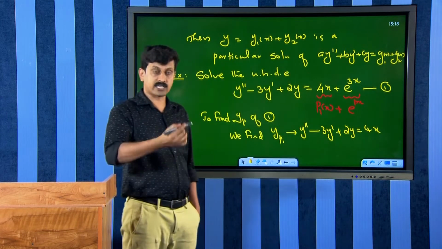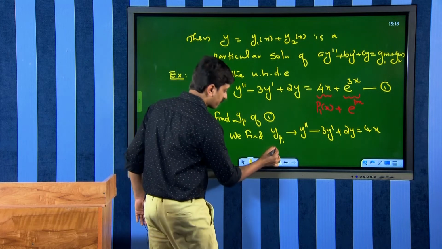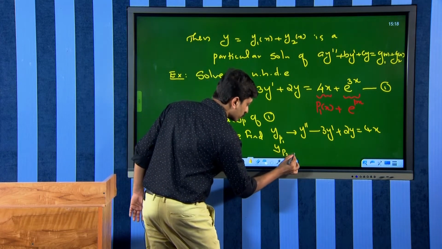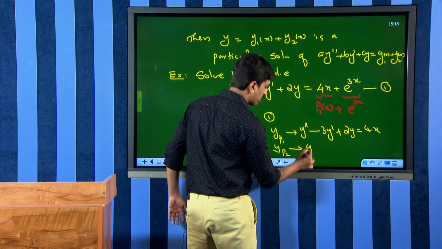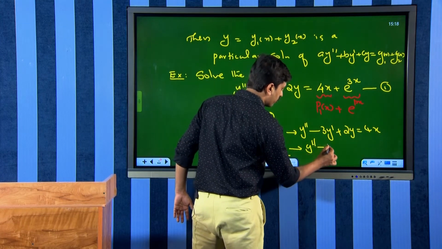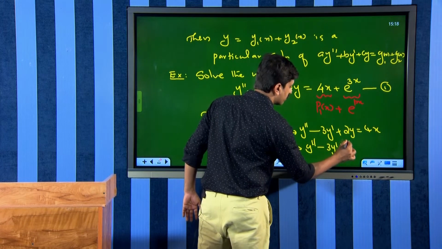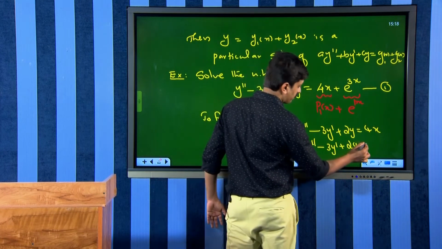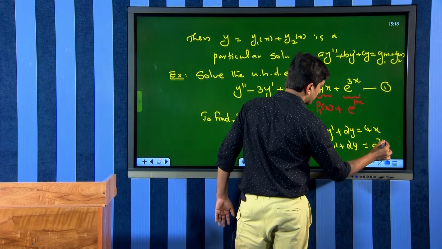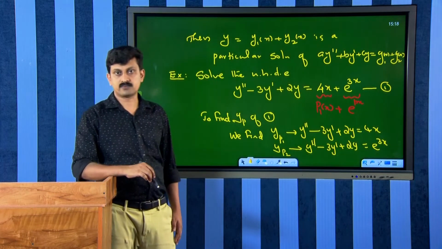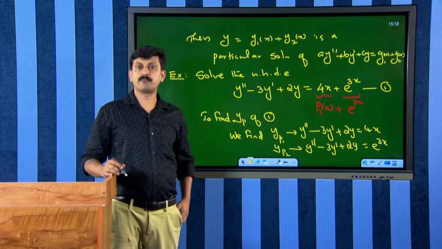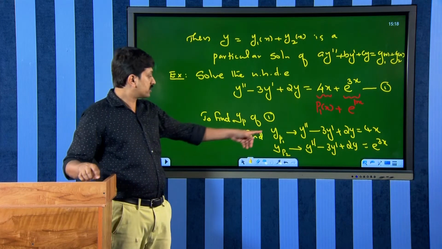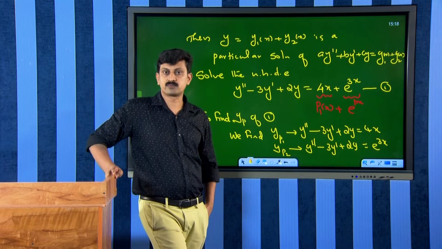And in the second case, we can find yp2 for the same homogeneous part, y double dash minus 3y dash plus 2y is equal to e raised to 3x. And we will have yp as yp1 plus yp2.